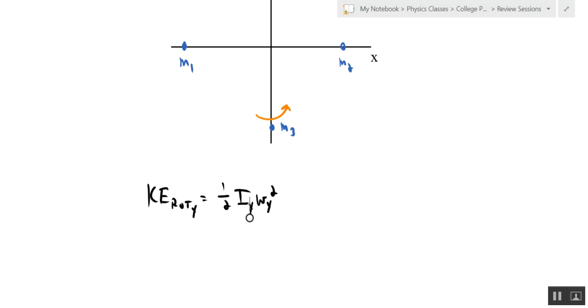Why do we use M1 R1 squared plus M2 R2 squared instead of the R3 and R4? Because R3 and R4 are on the y-axis, the distance to the y-axis is 0. So we just plug it in to find the new I. Right. And then you plug the new I there, and then you multiply that by the already given omega.